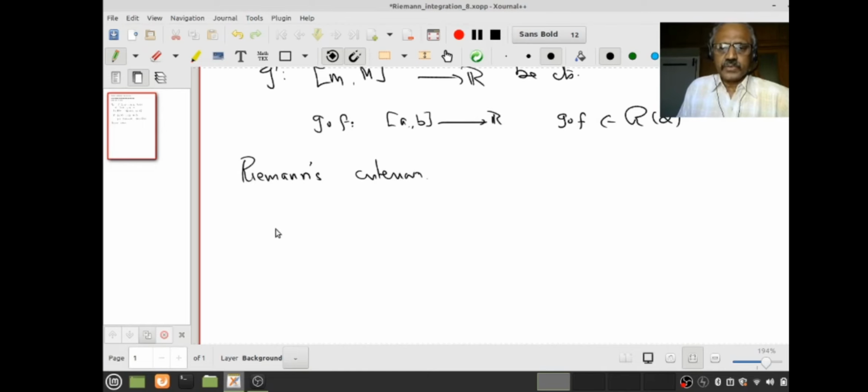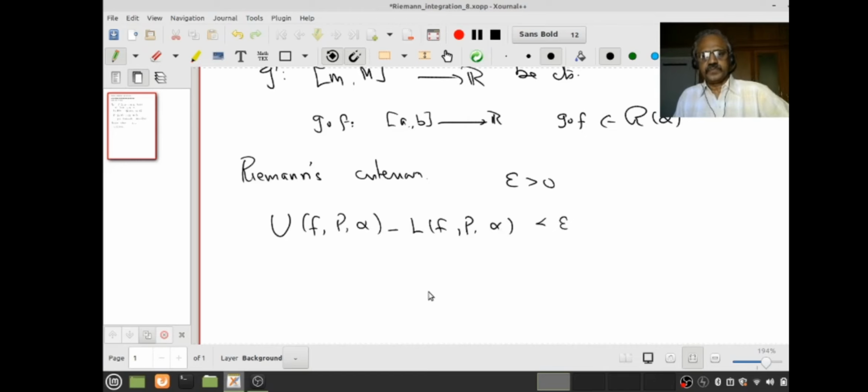With the standard notation, if you give an epsilon positive, I have to find a partition P such that U(P, alpha) minus L(P, alpha) should be less than epsilon. Sorry, this is for g composite f, because we want to prove g composite f is integrable. So what is this?